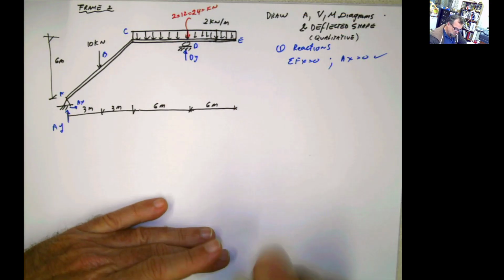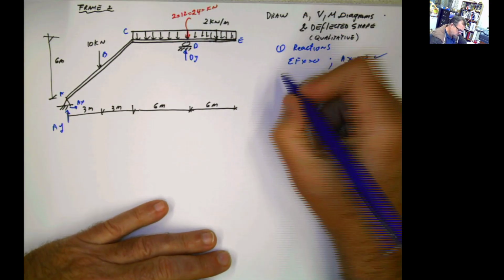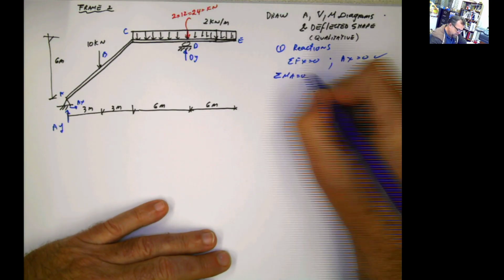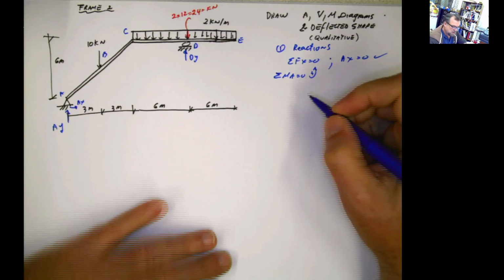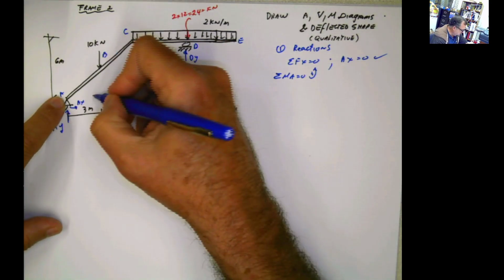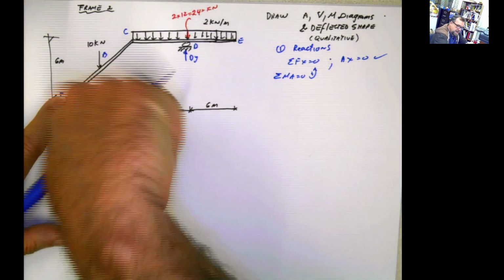So let's do summation of moments about point A for calculating our reaction at D. I have 10 multiplied by 3 negative.